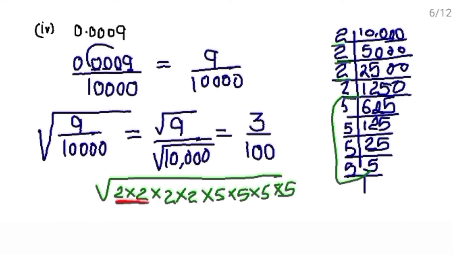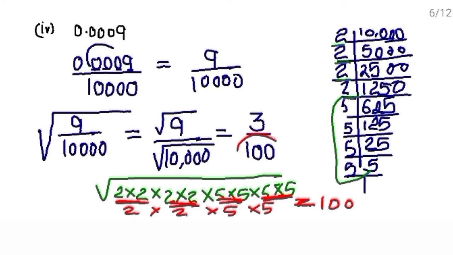Now make the pair. From each pair take a single digit. 2 multiply 2 multiply 5 multiply 5. What will you get? You will get 100. And this is what we found here. We got the same, so there is no need for such a lengthy process. If you have 1 and zeros in the denominator, simply make pairs of zeros and you can directly write the square root. Clear?